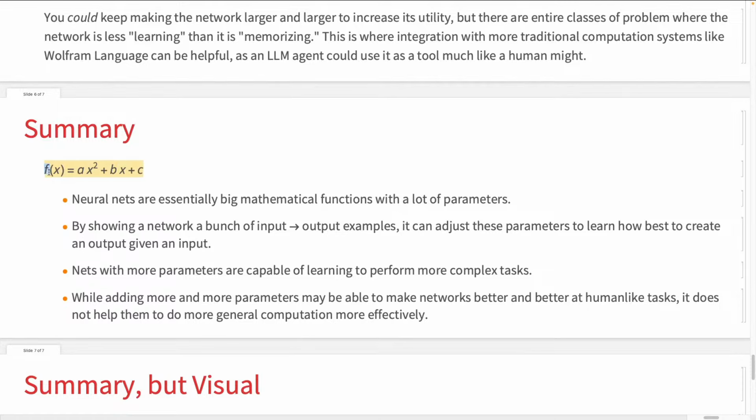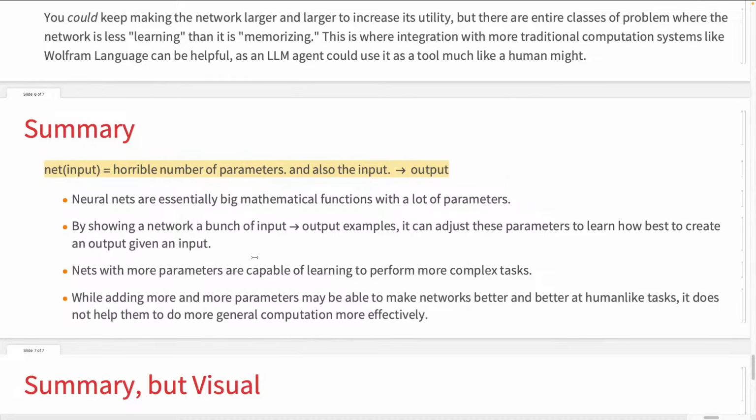This is a model f, which has an input x and parameters a, b, and c. Fundamentally, a neural net is no different. You've got a net model. It's got its inputs, and then it has some horrible number of parameters, and also the input. And then that results in some output.